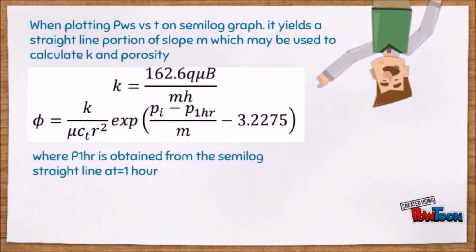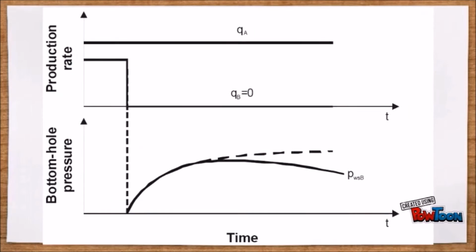So then we draw a dotted line to find the corresponding PWS, and that is P1HR. After we obtain P1HR, then we put in the formula of porosity, and we can get the porosity, and we also can get the permeability from the slope of the graph. This is the graph example.